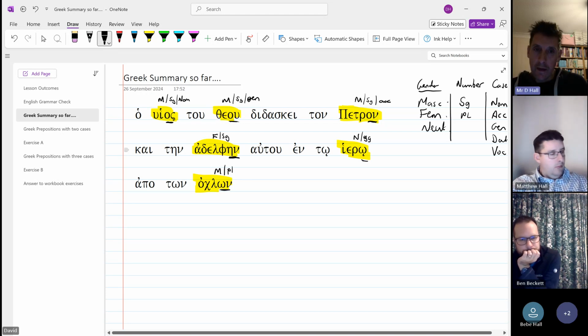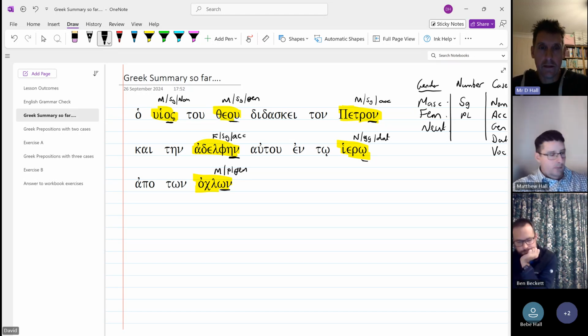And because it's a feminine noun, it has a different kind of ending, but that's the accusative for feminine nouns. And this is a dative, and this is a genitive. Now, you may not know all of those. You might need a bit of time to go back and check on that. But we break down nouns according to those things, and that's really helpful for understanding its position in a sentence, so we can understand how to translate it properly and understand its connection.